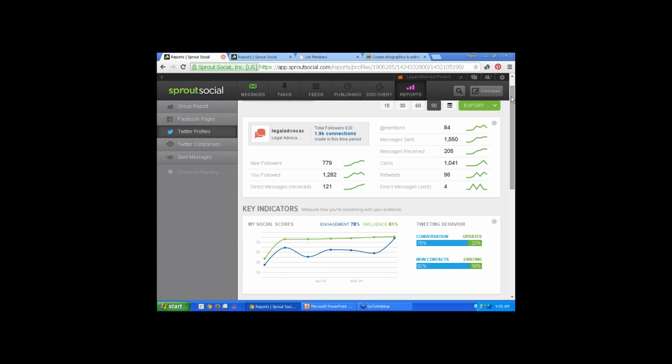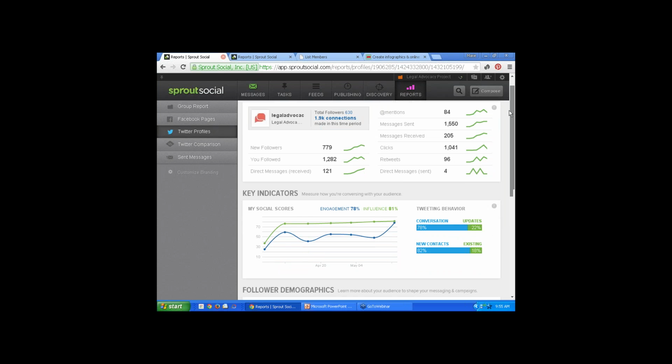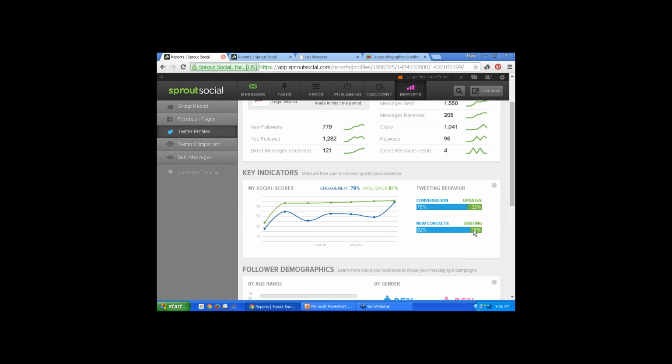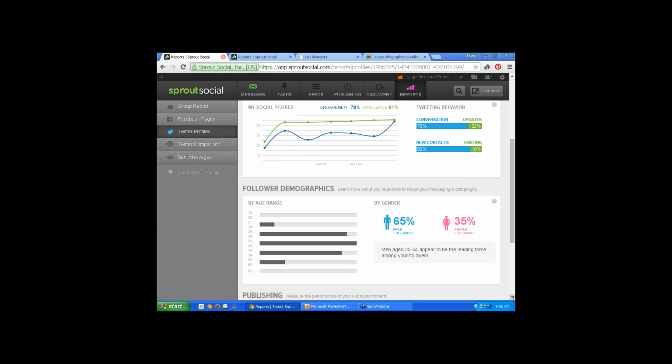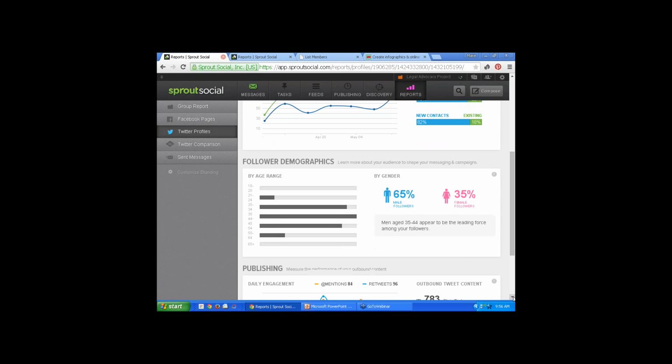It shows how many new followers, how many people we followed, our mentions, our tweets, our clicks, all that fun stuff. We can also see how much conversation we're having, how many updates, how much influence we have. In week 6 we'll get really into the statistics, but this is just an overview of the types of statistics you can get with Twitter.